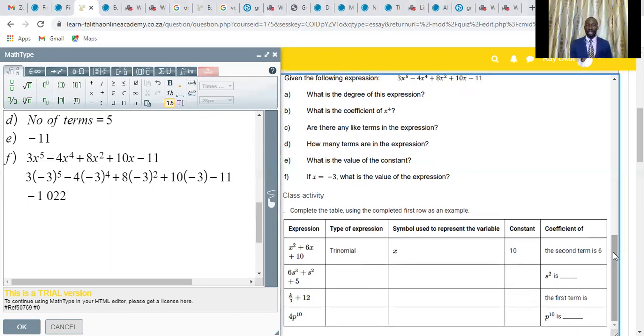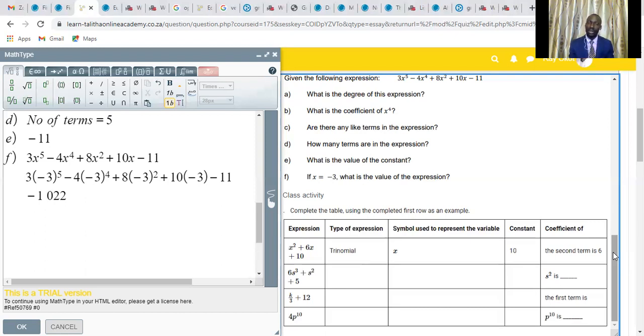Now, the next thing is how algebraic expressions are described. Algebraic expressions are described as monomials, binomials, trinomials, and polynomial. Remember we had already seen that when we talk of terms, we are referring to a specific expression within an algebraic expression.